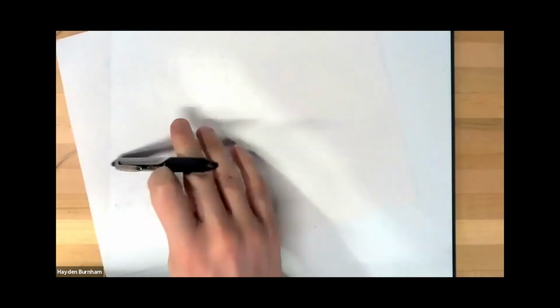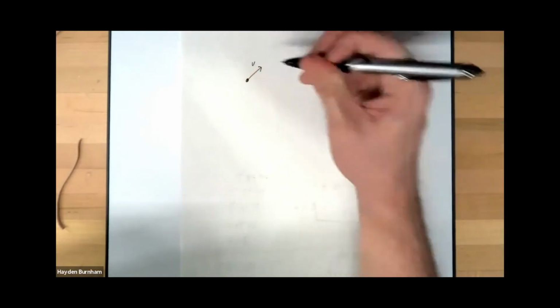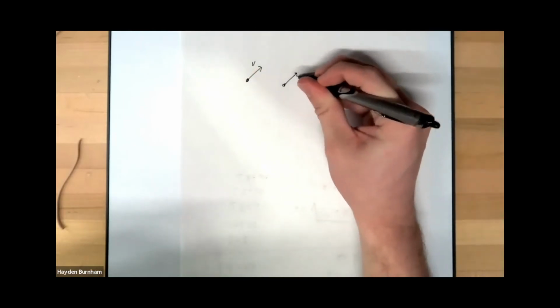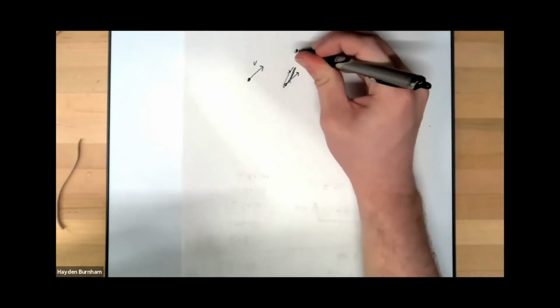When I stop screen sharing, you guys can see the paper a lot better, right? Yes. Okay, sweet. So for example, you have u and you have v. Actually, let me do a different v. Let me do one that's like this, v.